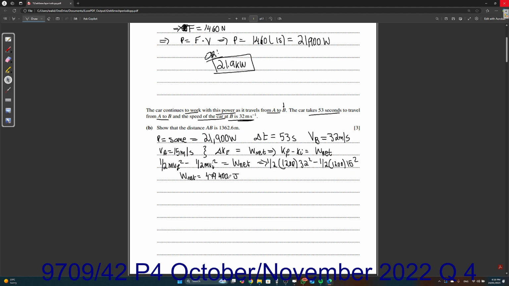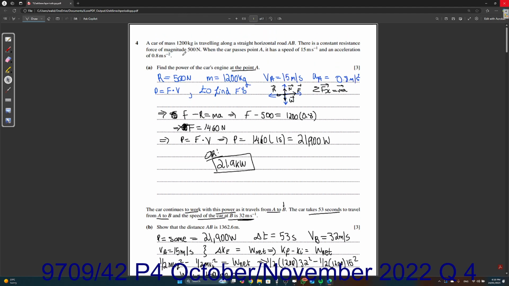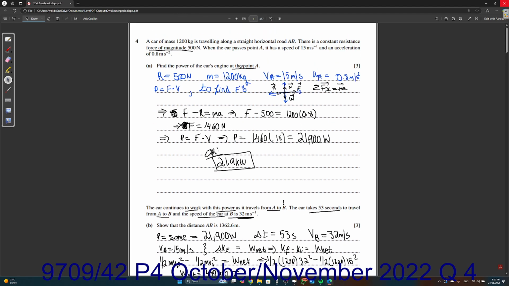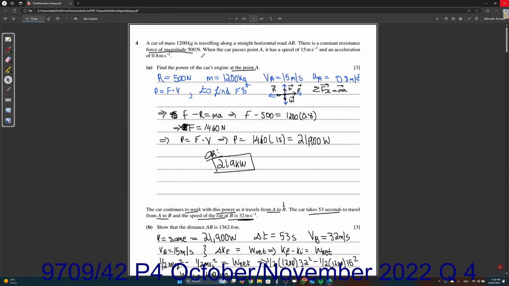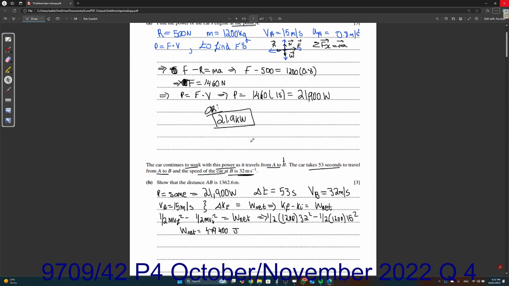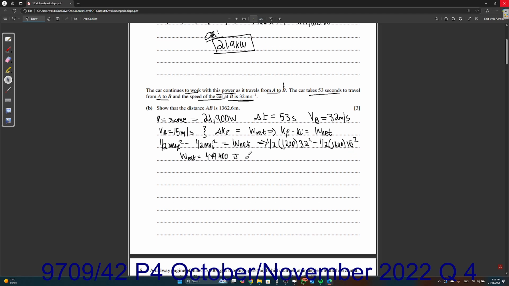We know that the work net, so we have resistance, right? If there was no resistance, you could just do work net is equal to force times distance, and you're done. But we can't do that because we have a resistance force, right? So for that reason, we know that work net is equal to work done by the engine plus work done by the resistance force.